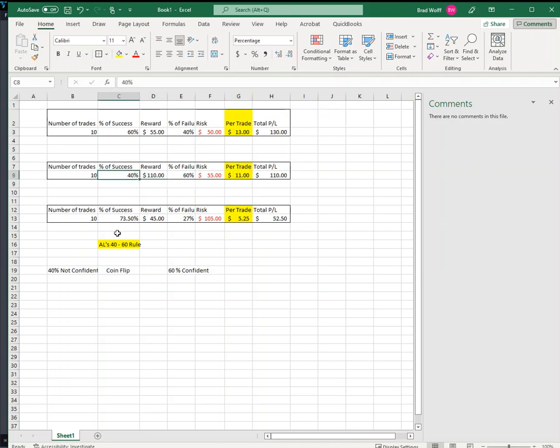And if you can select reasonable trades and get good at trade management, you might be able to get to 50% probability, which gets you to here. And if you could do that consistently, you've got a much better shot at being profitable than other scenarios. Now, again, this is just mathematics.